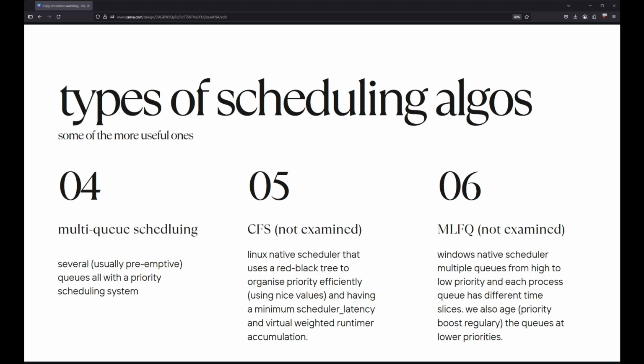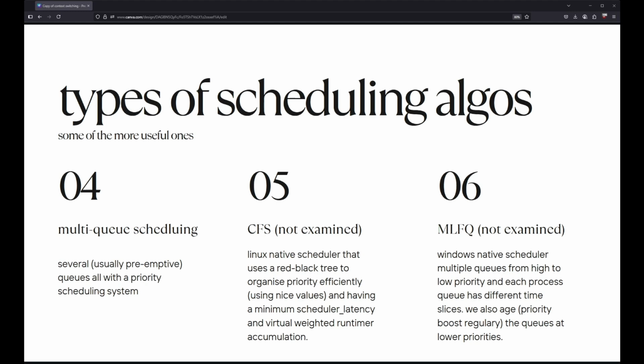Okay, cool. MLFQ. So multi-level feedback queue. It's actually the Windows native scheduler. And the way it works is you have multiple queues where you have a sort of hierarchy of queues. It's a hierarchical nature scheduler. So at the top, think of it like a pyramid in a sense. At the top, you'll have really small queues that are usually used for high priority processes.